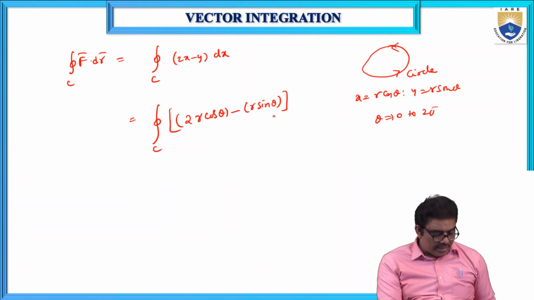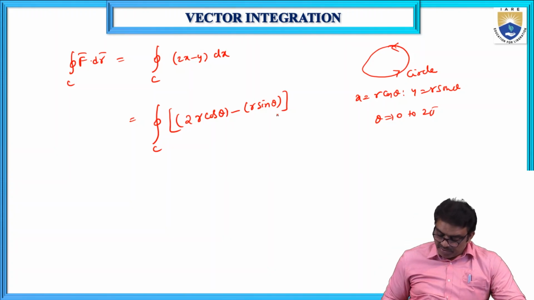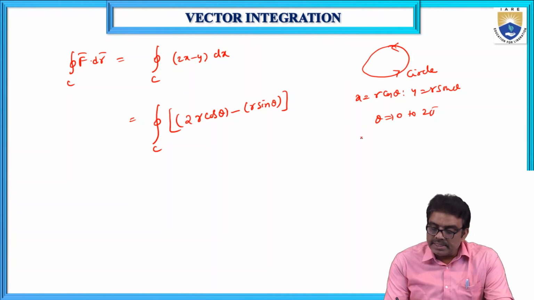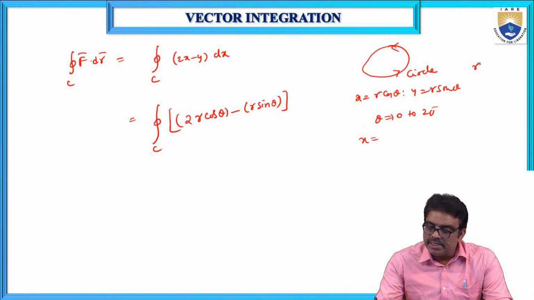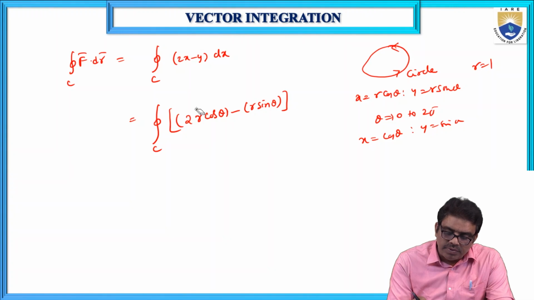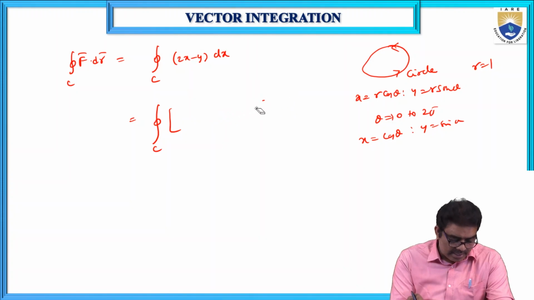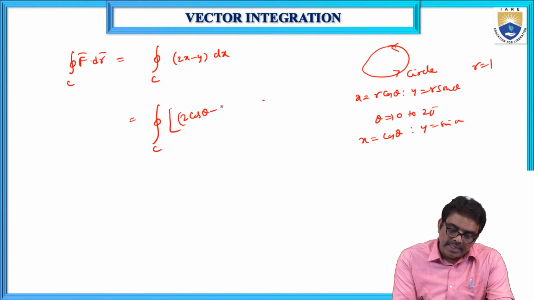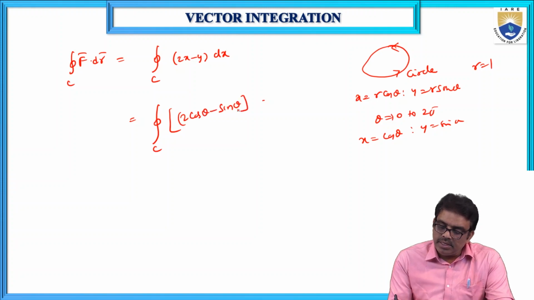Here r is equal to 1, the radius is 1, so x is equal to cos theta and y is sin theta. So we can put r as 1: (2 cos theta minus sin theta) into dx.